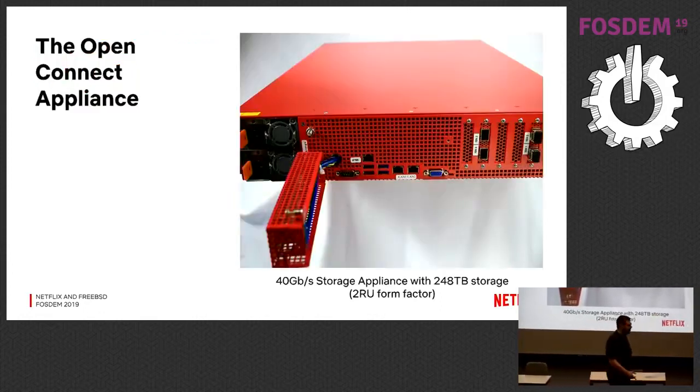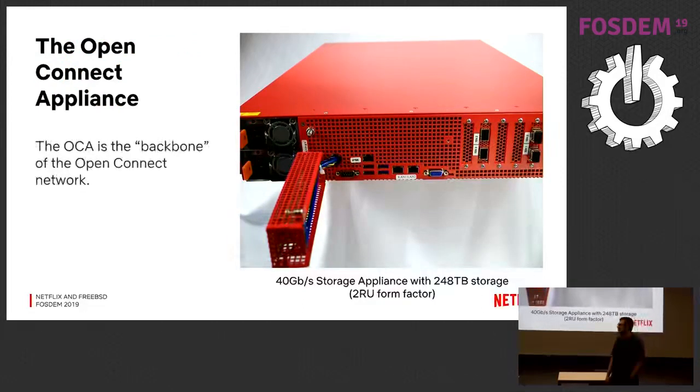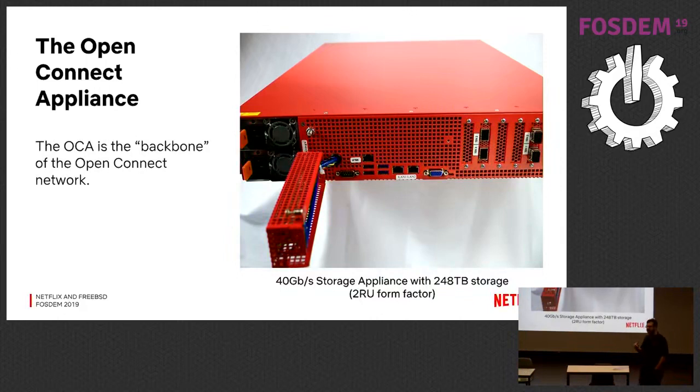The heart of our CDN is our content caches. You could almost say they're the backbone of the OpenConnect network. They are what delivers more than 100 terabits per second at peak. You see here a picture of one of our storage appliances from a few years ago. It's the 40 gigabit per second attached storage appliance, and it has 248 terabytes of storage in a 2RU form factor.